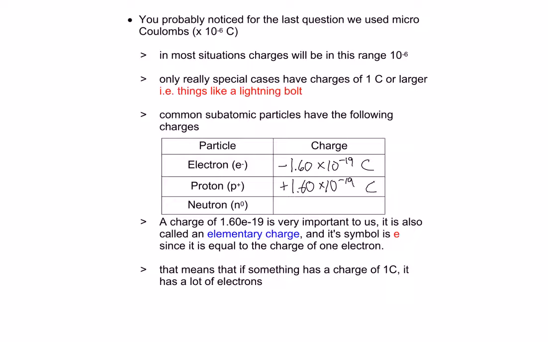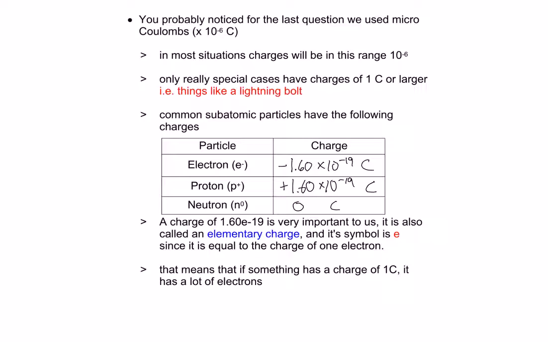And a neutron is neutral, so we say it has 0 coulombs. Okay, so because the electrons are so small, at negative 1.6 times 10 to the negative 19, we're going to need a lot of electrons in order to come up with a decent amount of charge. So that's why our numbers are going to be pretty small to work with.